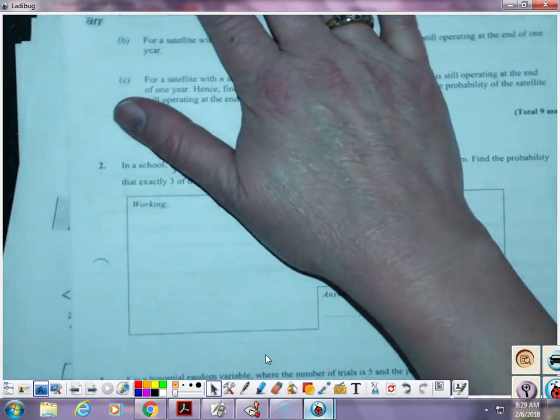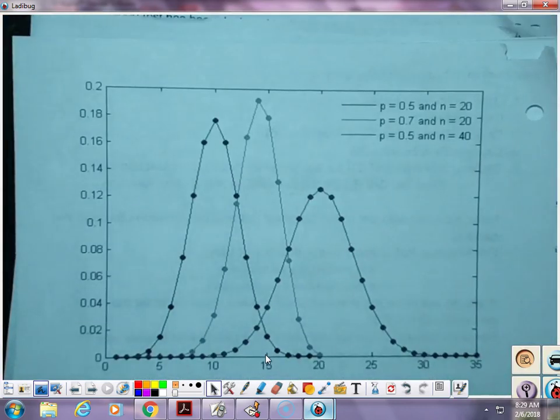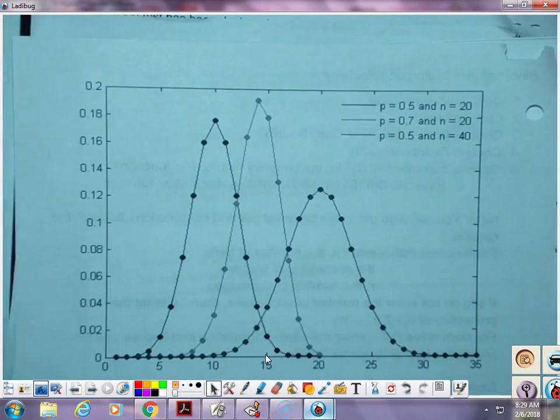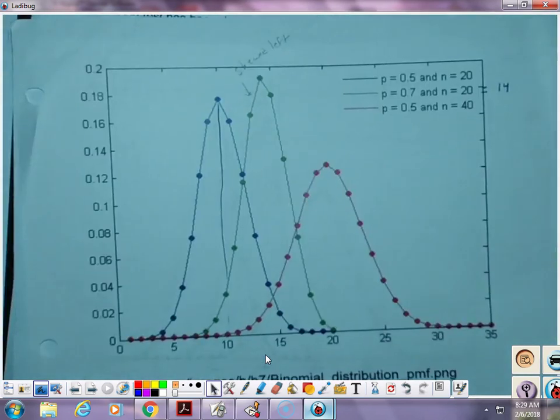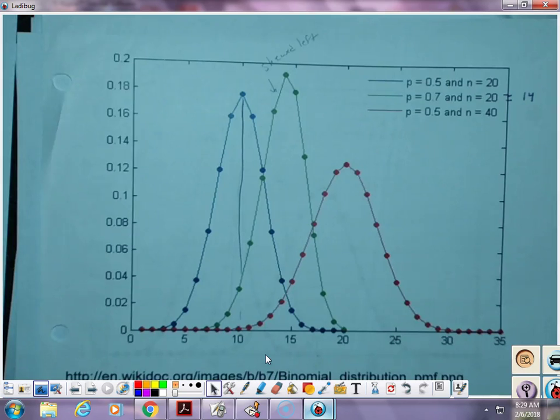Alright, last thing is just a picture. And here's the same picture in color. So if you look, this is just a picture of the binomial distribution, a visual for it.